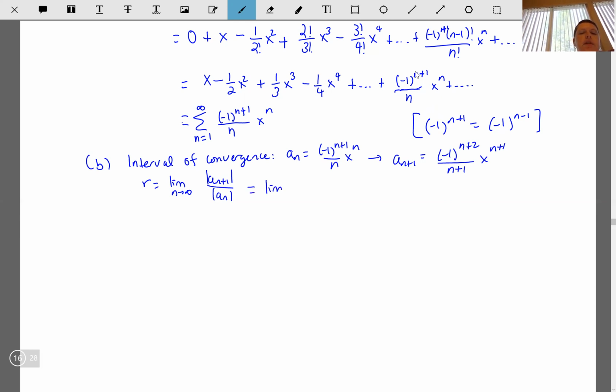So I'm looking at the limit as n goes to infinity of the ratio of the absolute values of those. So just plug those in, stick an absolute value around them. So what do we need an absolute value of? Let's think about this.